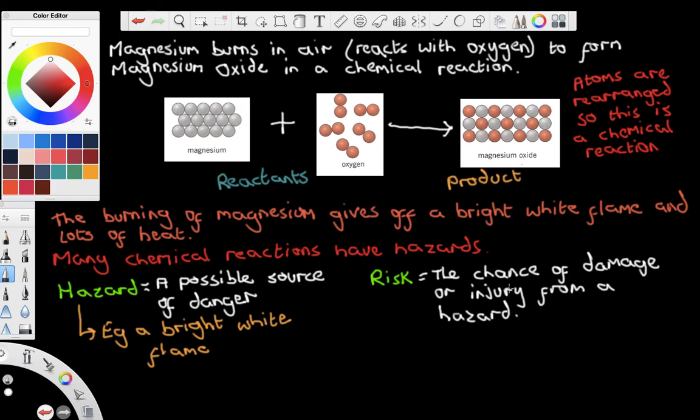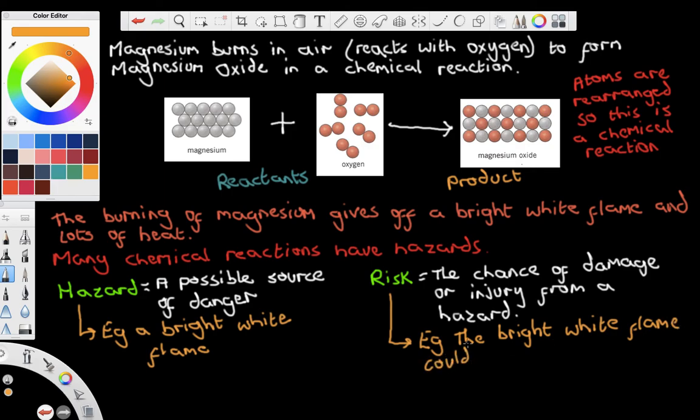Okay? So, for example, if this is the bright white flame, you could burn yourself or you could hurt your eyes. So we can say, e.g., the bright white flame could burn you or hurt your eyes.